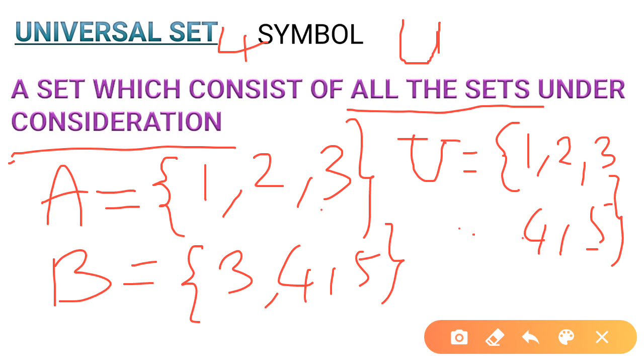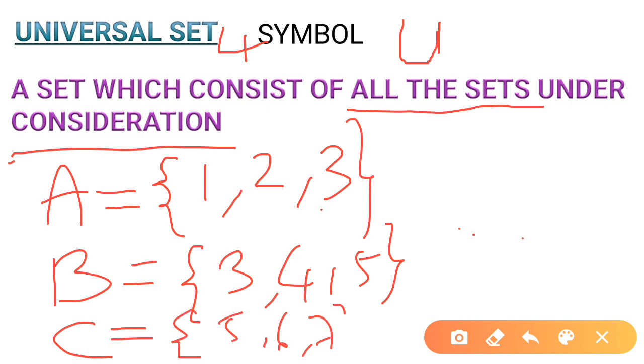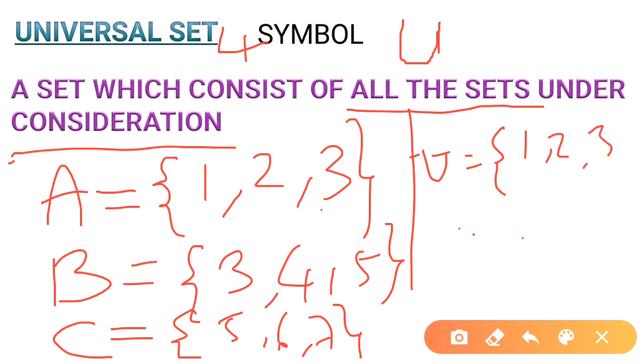Why? Because in this problem there are only 5 elements. If I take a set C with 5, 6, 7, then the universal set is {1, 2, 3, 4, 5, 6, 7} only. It has to be changed.